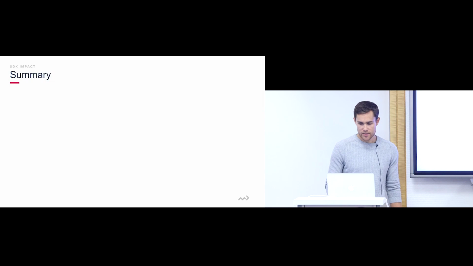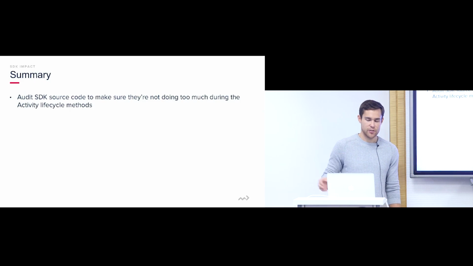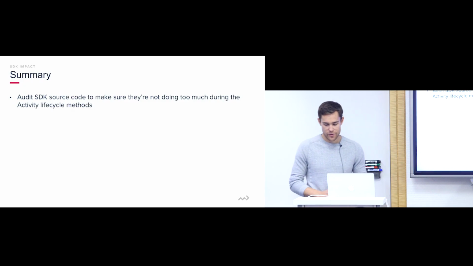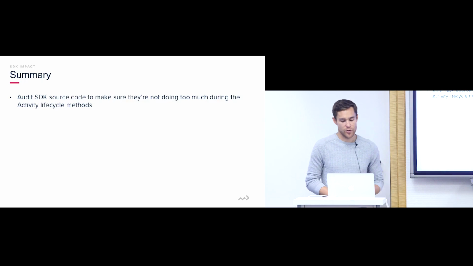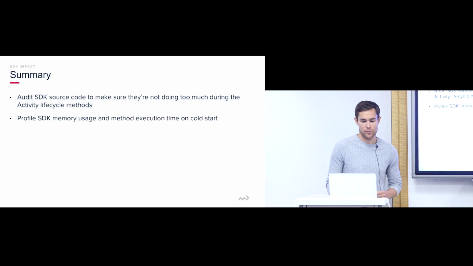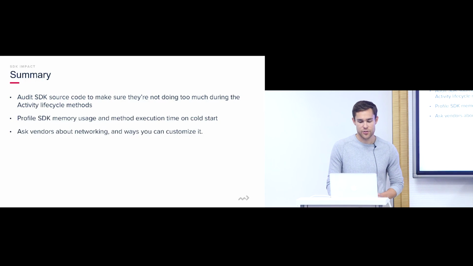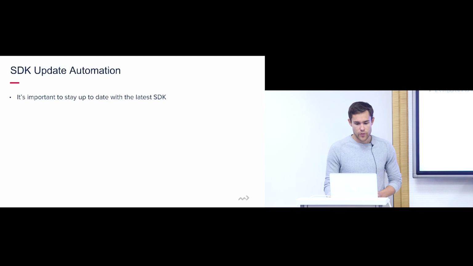So yeah, that's a summary of the questions that you should be asking your vendors about these SDKs, which are tremendously useful tools. And I don't want to be too pessimistic about it, but us as app developers need to be asking these questions and sort of hold SDK developers accountable. So audit the source code, profile the memory usage, ask about the networking strategy.